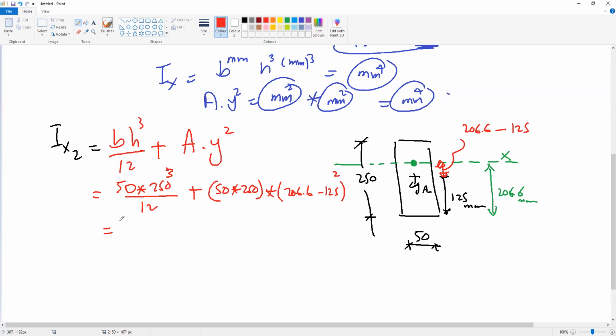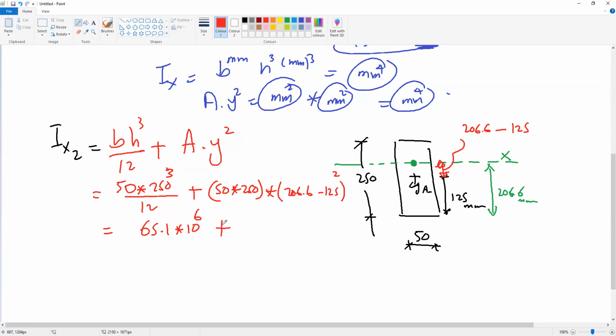So if we do this calculation, 50 times 250 to the power 3 divided by 12 gives us 65.1 times 10 to the power 6.